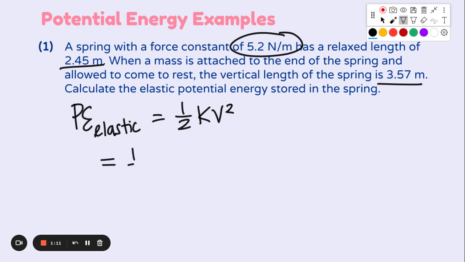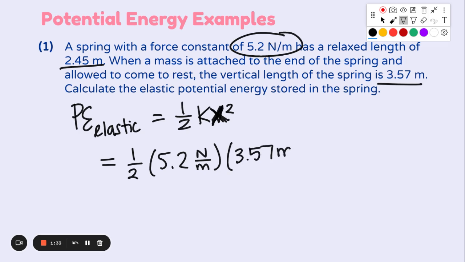So we know it's 1/2 our K value, 5.2 newtons per meter. And then to get that X value, we're going to subtract 3.57 meters minus 2.45 meters.